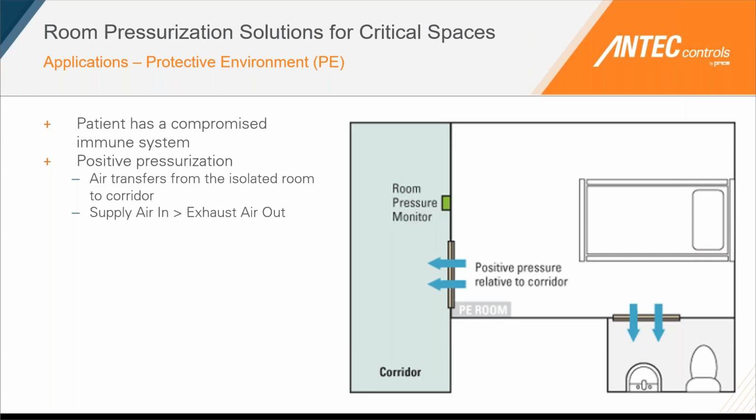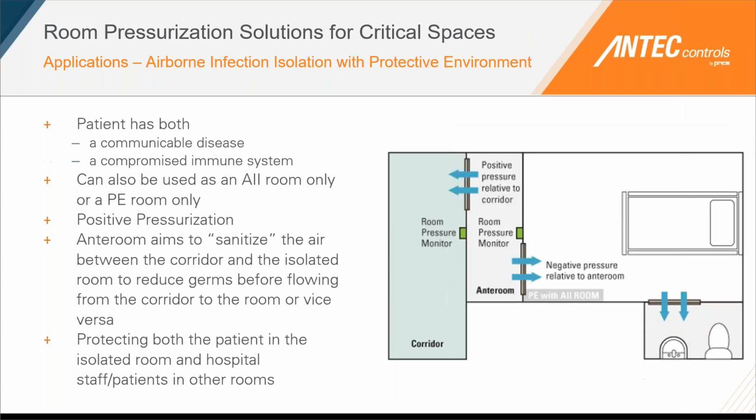So with these protective environment isolation rooms, we're going to create this protective barrier by having the space be positively pressurized. What this means is we're having airflow go from the isolation room towards the corridor. So the supply air into the space is greater than the exhaust air leaving the space.